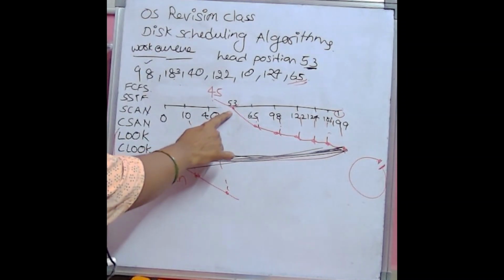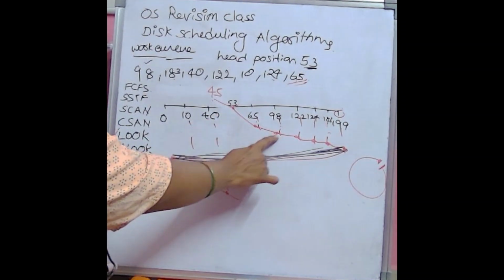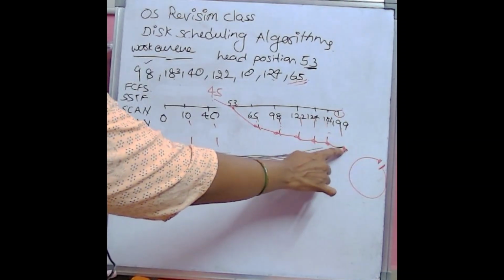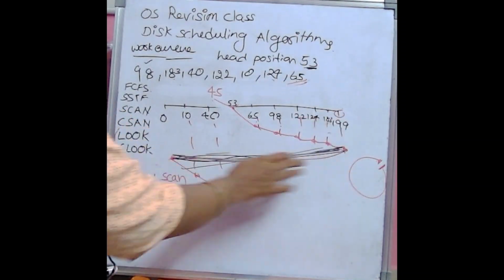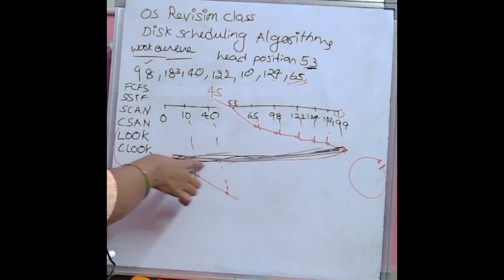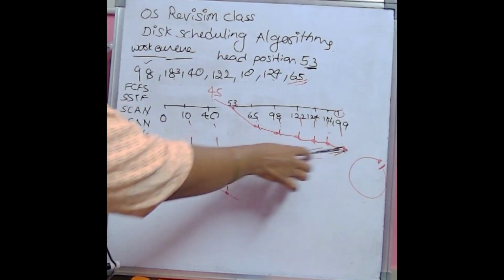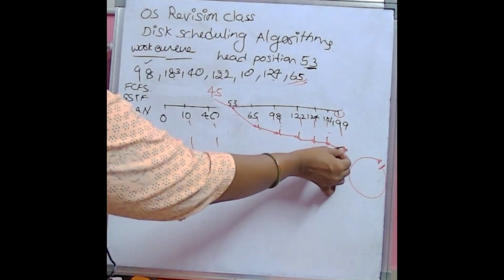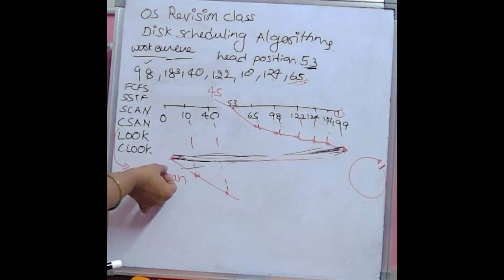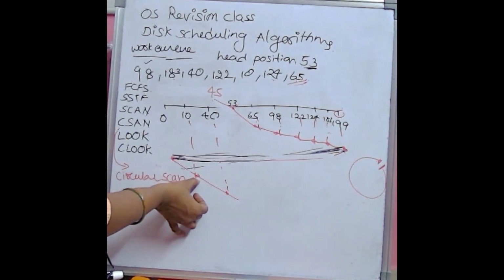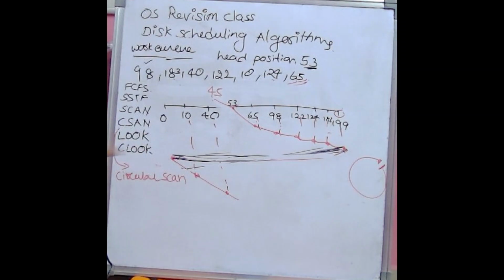Simply 53 to 65, 65 to 98, 98 to 122, 124 to 183, 183 to 199. That's it, stop there. And from 0 to 10, 10 to 40. It simply moves from 199 to 0 directly, and from 0 it moves ahead from 0 to 10, 10 to 40. No need of calculating this part for C-SCAN.